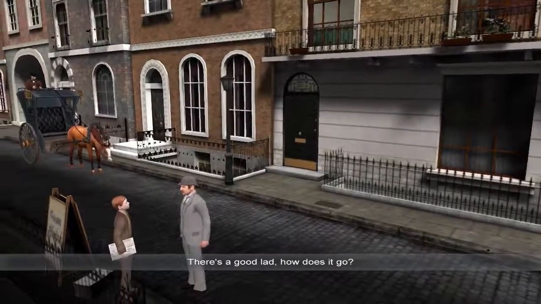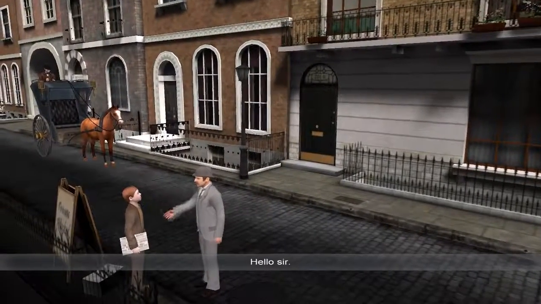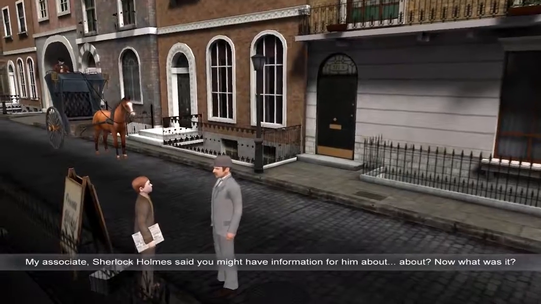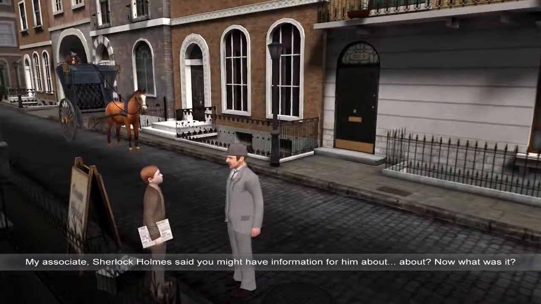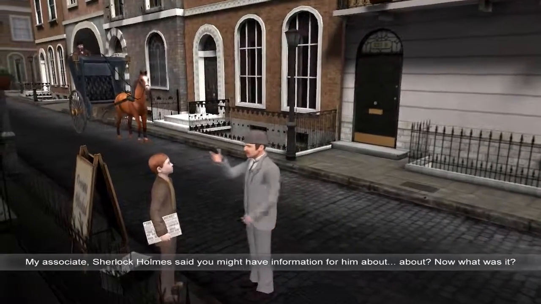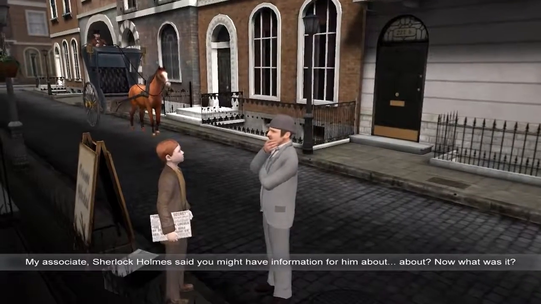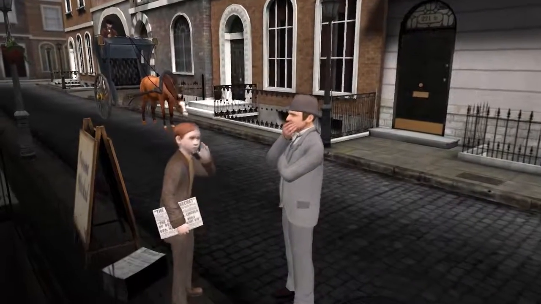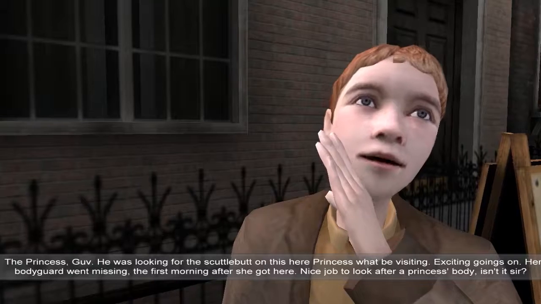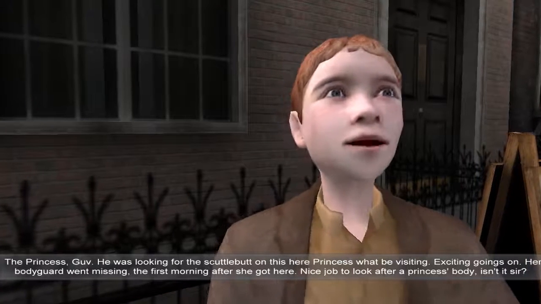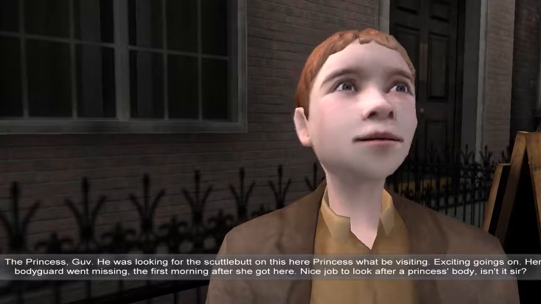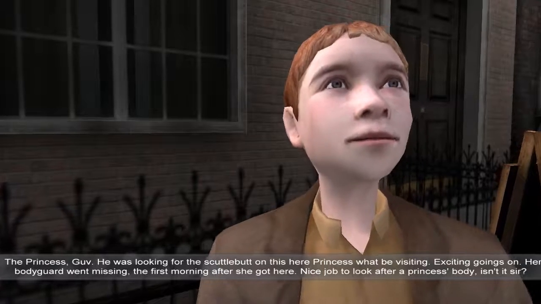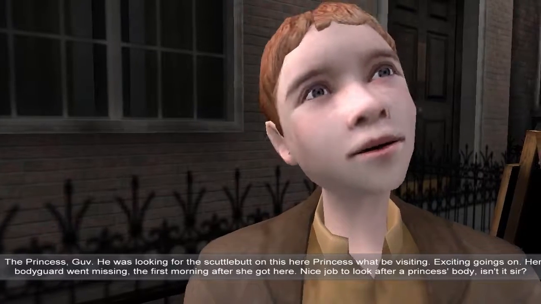There's a good lad. How does it go? Hello, sir. My associate, Sherlock Holmes, said you might have information for him about... now, what was it? The princess, Gov. He was looking for the scuttlebutt on this here princess what we visiting. Exciting goings on. Her bodyguard went missing the first morning after she got here.